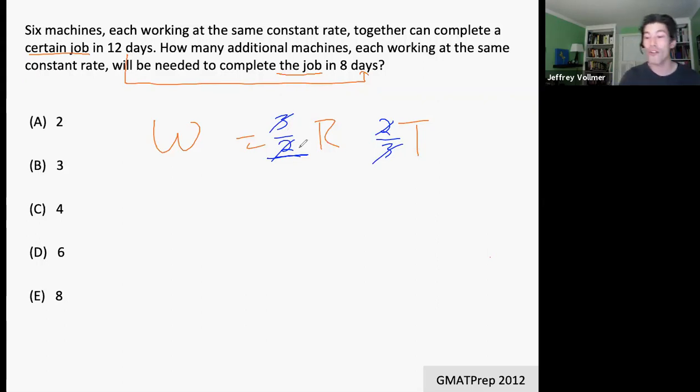And this is the other problem with that line of thinking. I decrease the amount of time by 33 1/3%, but I'm not going to increase the rate by 33 1/3%. I've got to increase the rate by 50%, right? Because that's the way these fractions have to work to cancel each other out. If you lose 10% of your money and then you get 10% of your new amount of money back, you don't end up where you started.